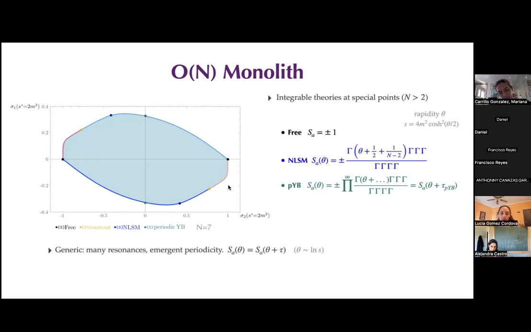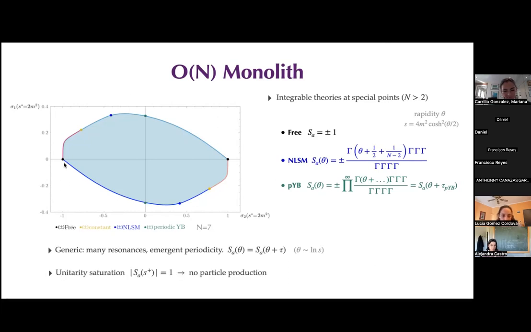So we see that generically the theories at the boundary have many resonances, actually infinitely many of them. And there is some emergent periodicity as for periodic Yang-Baxter, where the period here depends on where you are at the curve. And this sounds very strange because it's telling you that the amplitude is periodic in some parametrization of the energy. So it leads again to this question of what's the UV of these theories.